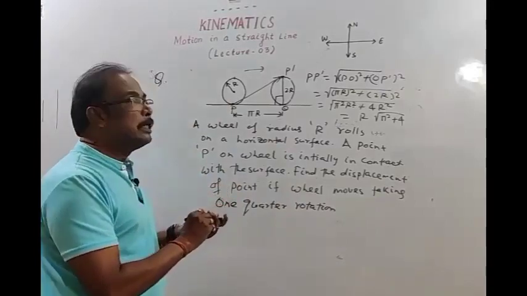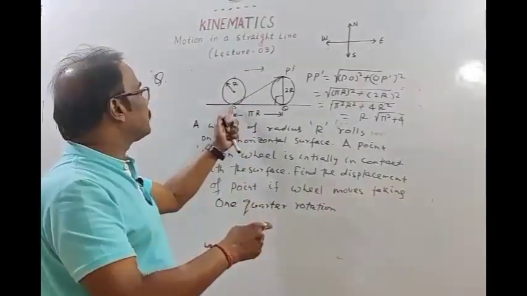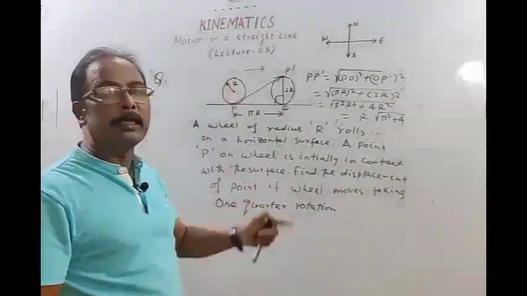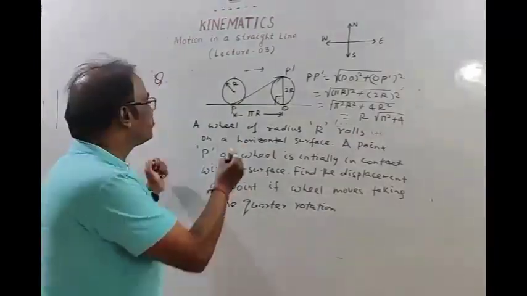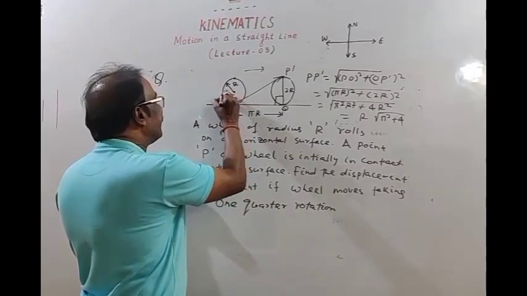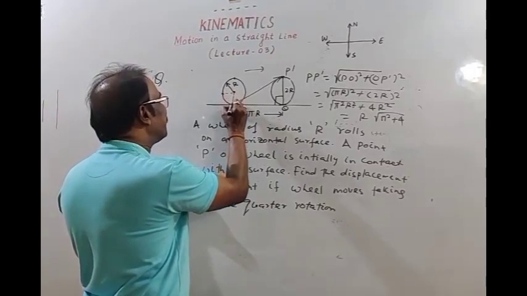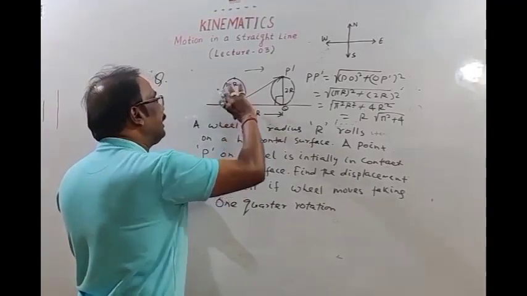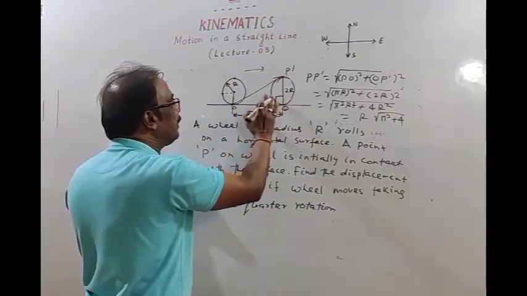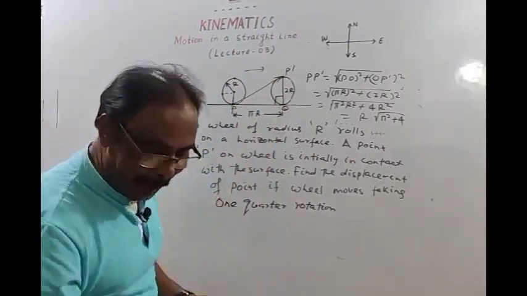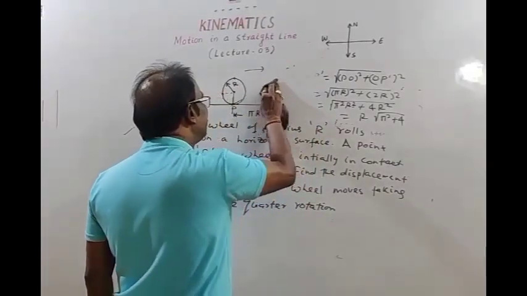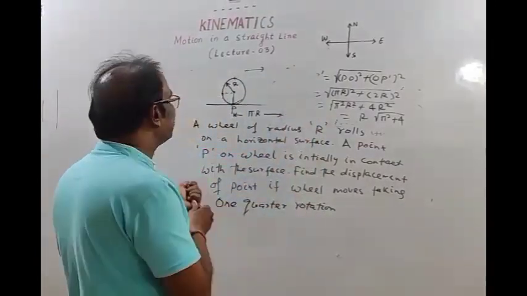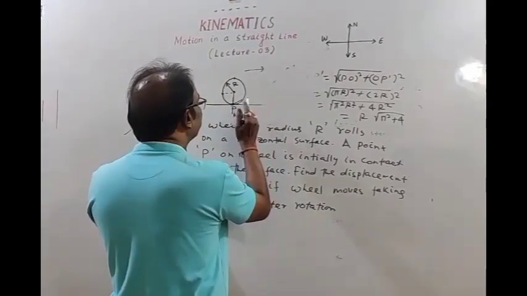For 1/4 rotation: for half rotation, the angle subtended at the center is 180 degrees, so for 1/4 the angle is 90 degrees. Point P would reach covering an angle of 90 degrees, but the wheel rolls in the forward direction. So this is the new position of the wheel.